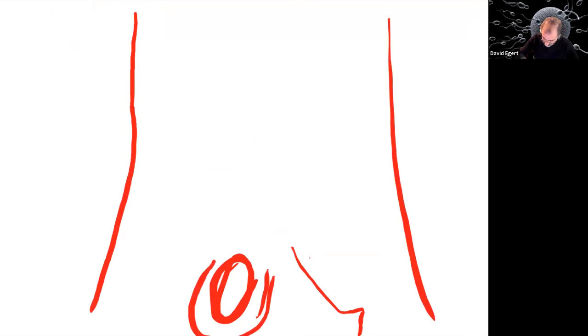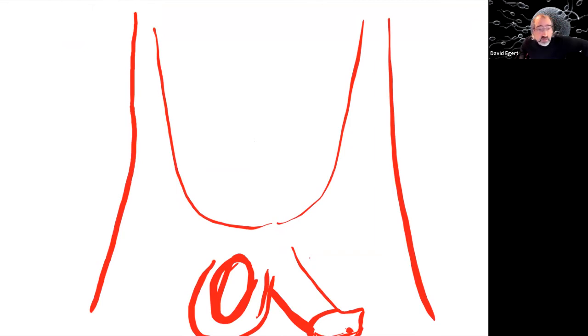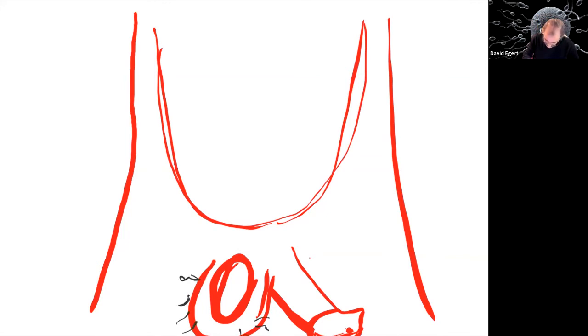It's going to be a penis. This is just supposed to be the abdominopelvic cavity here. The scrotum, usually people know what you're talking about if you put little pubic hairs on there.